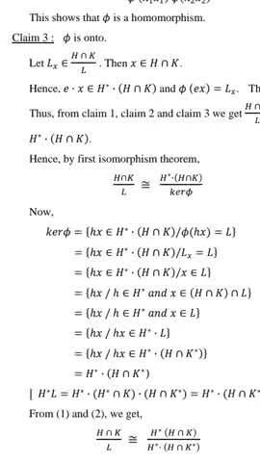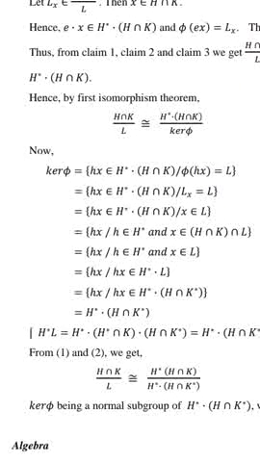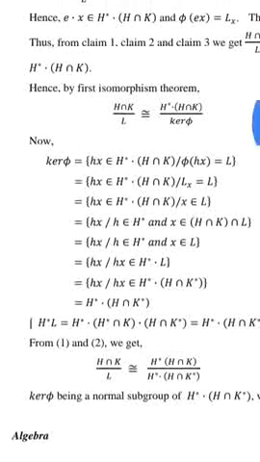Now kernel phi is equal to hx belongs to H star into H intersection K, such that phi of hx is equal to L, such that Lx is equal to L. Therefore hx such that x belongs to L, such that h belongs to H star and x belongs to H intersection K intersection L, and hx such that h belongs to H star and x belongs to L, nothing but H star intersection K into K star intersection H.